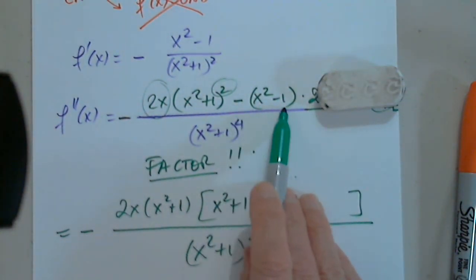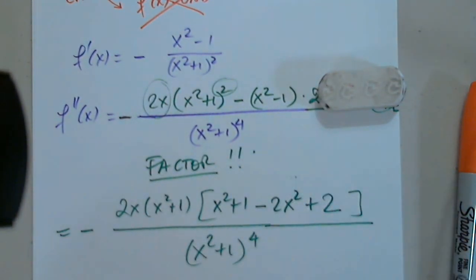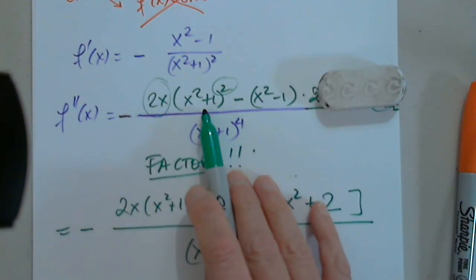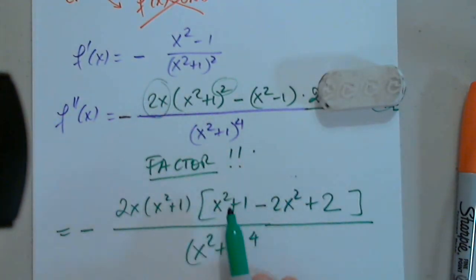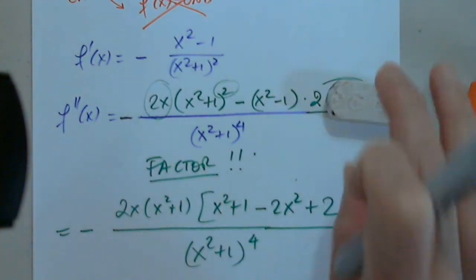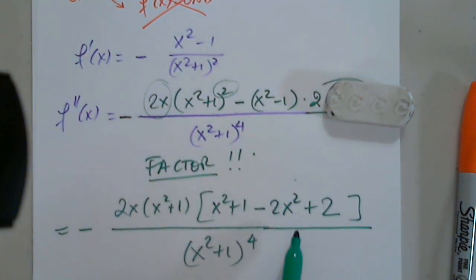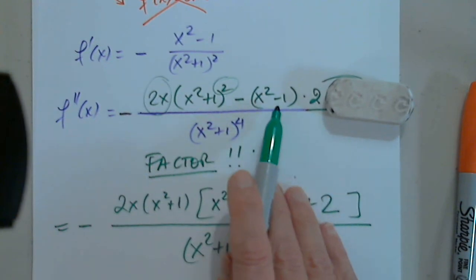So 2 distributed in here, minus 2x squared, but plus 2. One more time, 2x is out, one of these two factors is out, one of them has to be left in. What I have here is 2x and x squared plus 1 that are out. So I'm distributing 2, basically negative 2 to x squared, and negative 2 to negative 1.